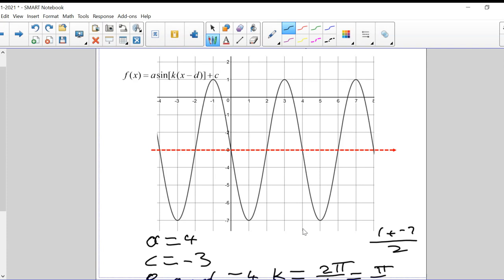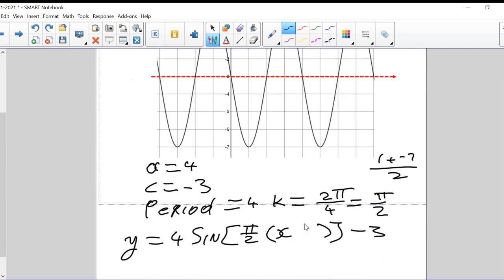So it means that since you can go to the left 2, I could say that the phase shift is 2 to the left, in which case I could write x plus 2 as my phase shift. Absolutely, and I was hoping somebody would notice that.